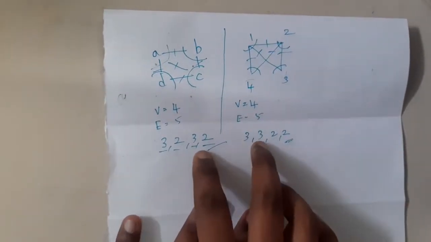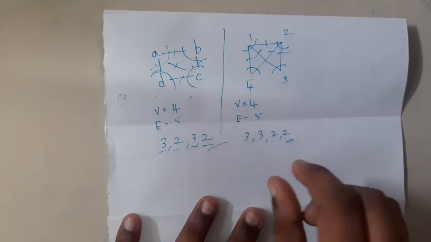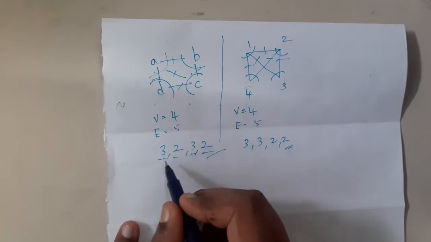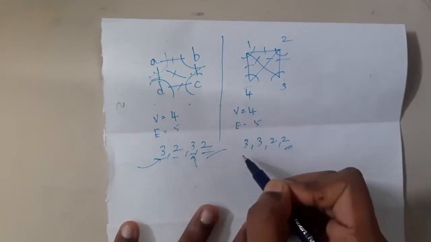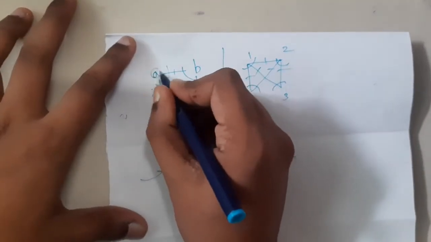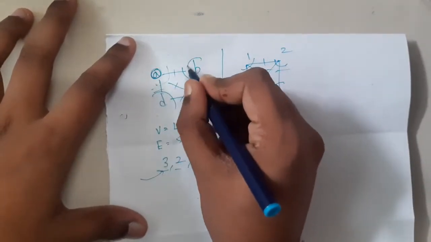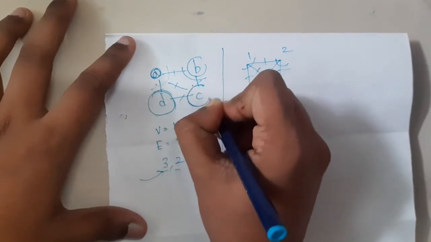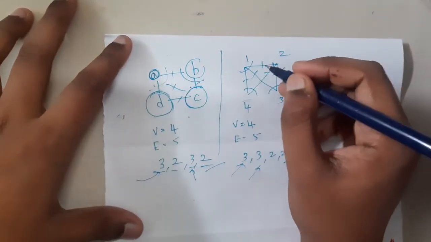Once you have found the degrees, you can start checking the degree of neighbors. Basically, take one particular point. Here we have two 3s in both of them. Take A. On one side it has a degree 2 neighbor, on the other side a degree 2 neighbor, and on the other side a degree 3 neighbor. Compare in the same way here also.